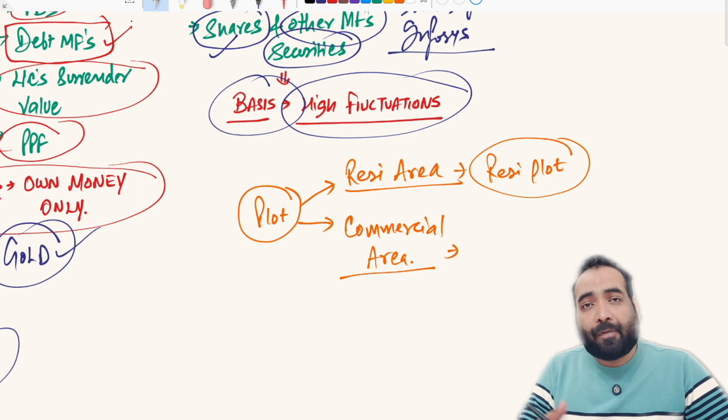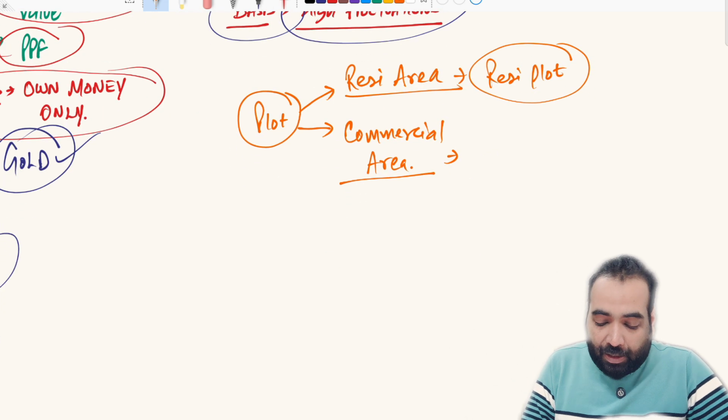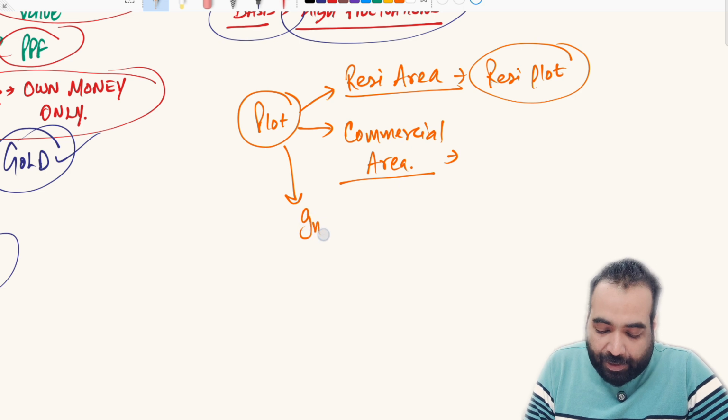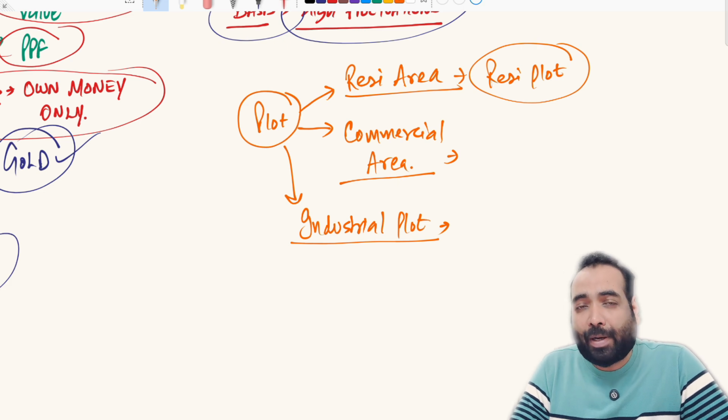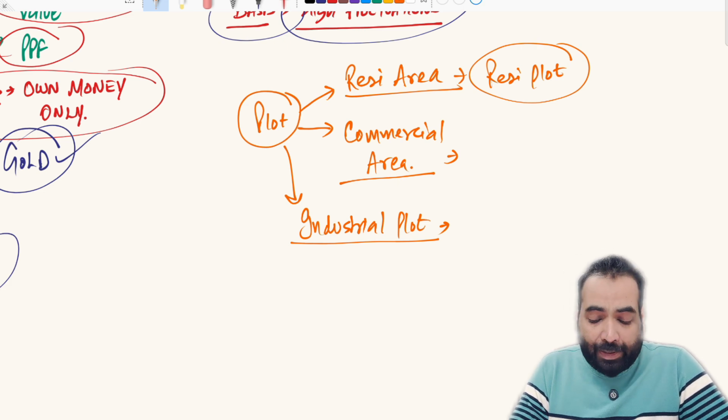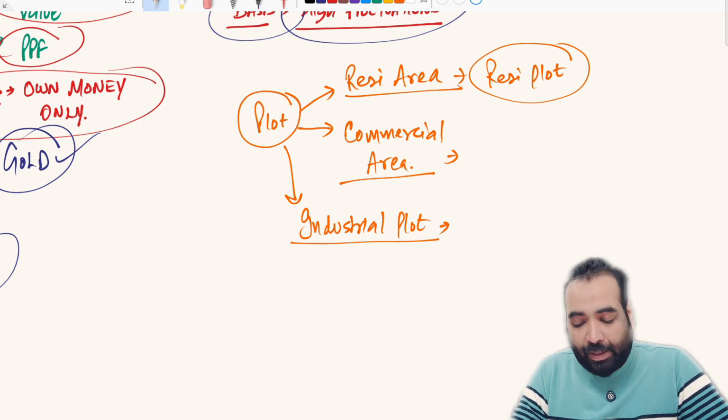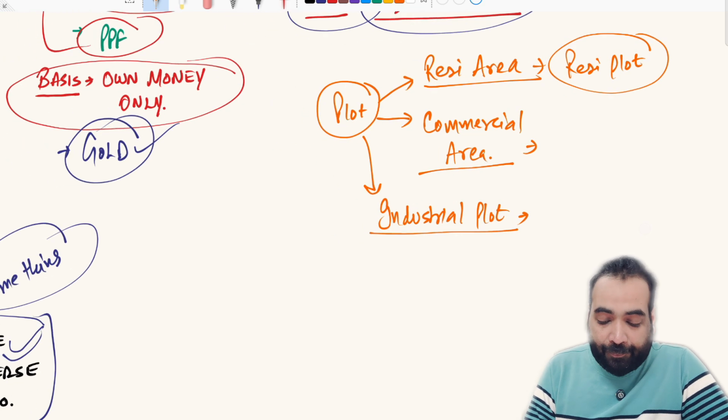It is taken far more positively by the bank than the other kinds of plots. Third preference is the industrial plot. From the name, you can say this is a plot located in the industrial area. Needless to say, like industrial property, this is the third preference for the bank.